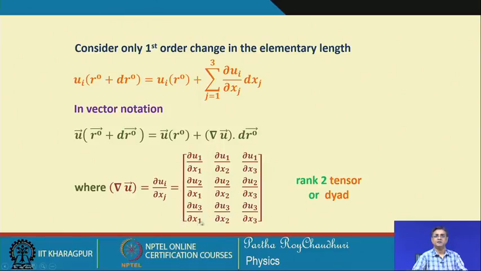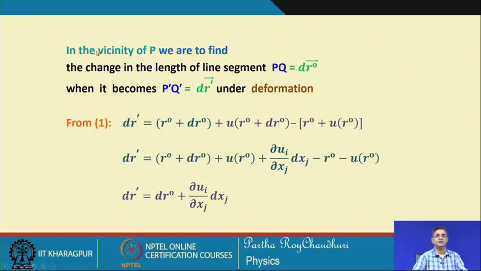This is the del u. You can look at the diagonal elements, del u, the deformation along the same direction, that is, the strain along the applied stress, the applied force. So, we will see how it works.